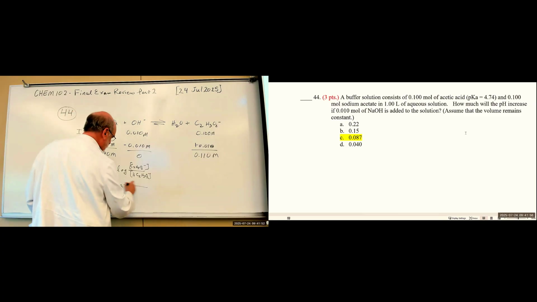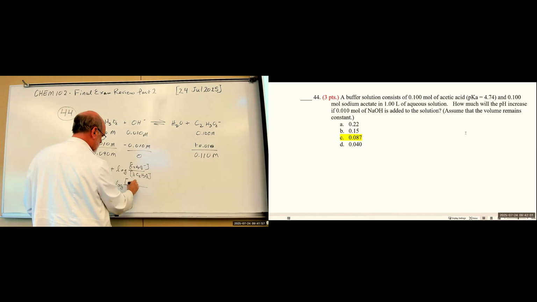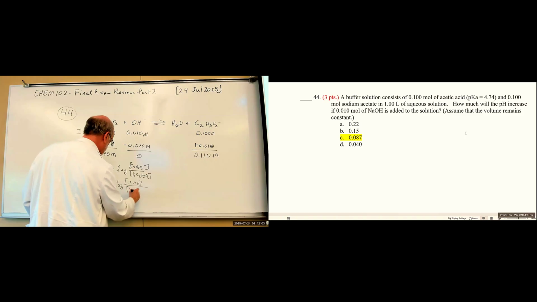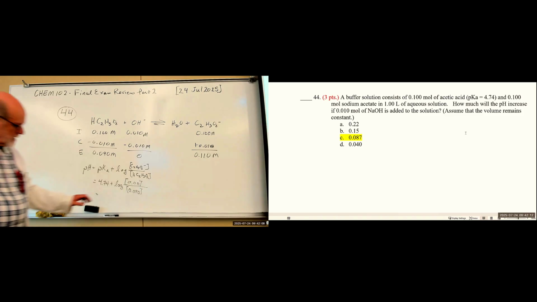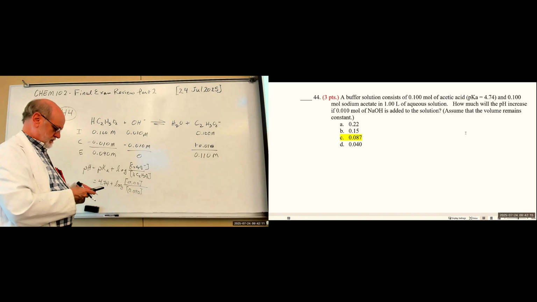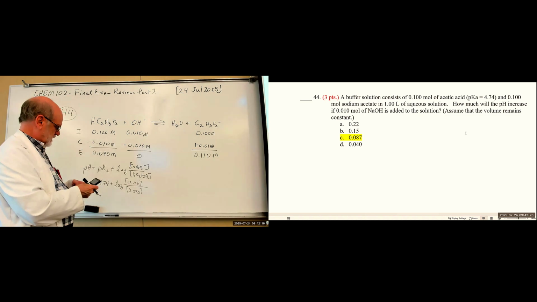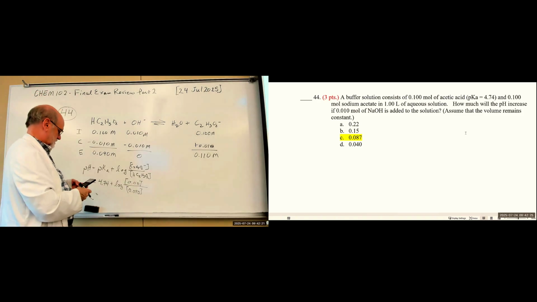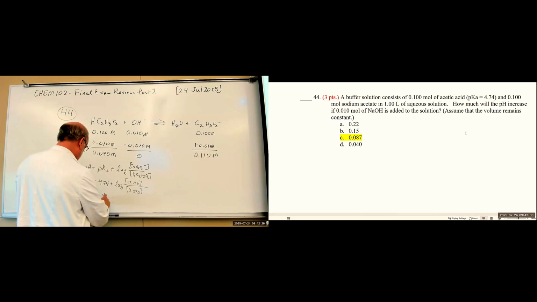And then the value for the numerator would be the conjugate base, and the denominator is the acid. Okay. So now take this ratio and get the log of it. So I got 0.087 plus 4.74, and that's 4.83.